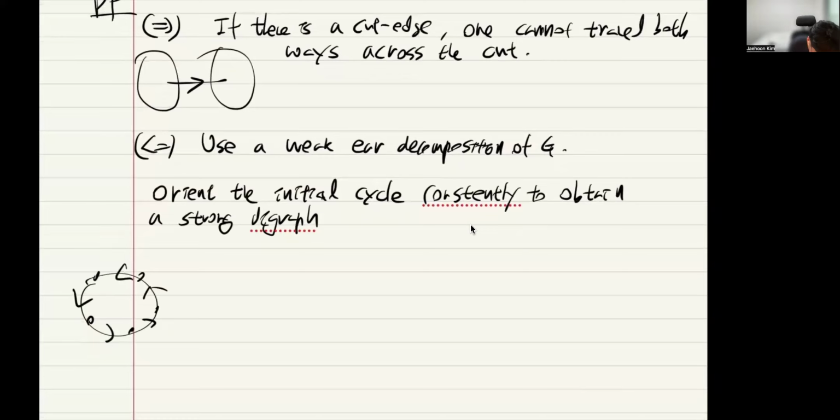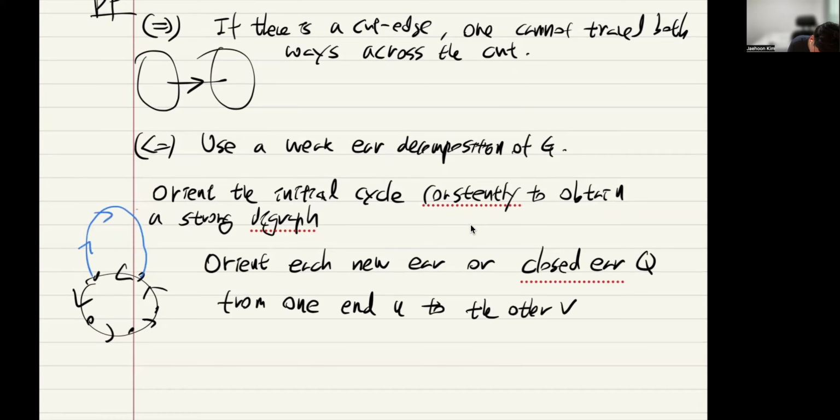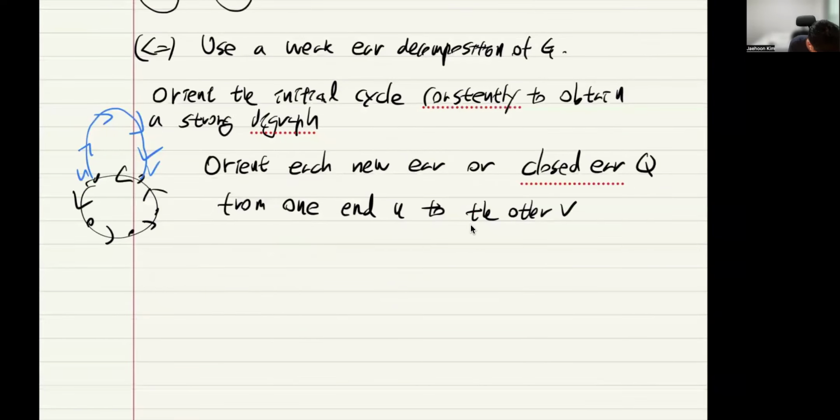And every time you add a new ear or new closed ear Q, you orient it from one end U to the other end V. So whenever you add a new ear, you arbitrarily orient it from U to V in a consistent way. It could be from U to V, or from V to U, both are okay.